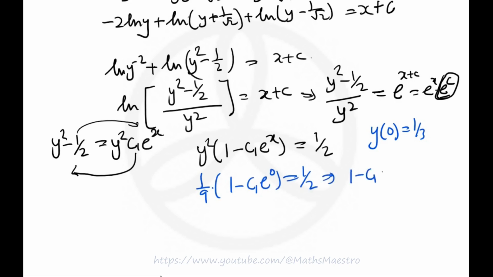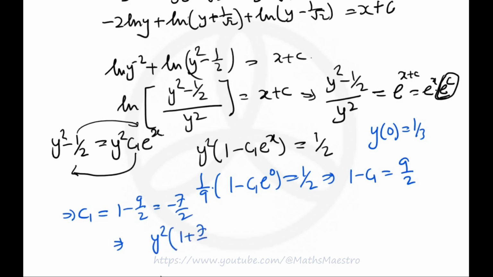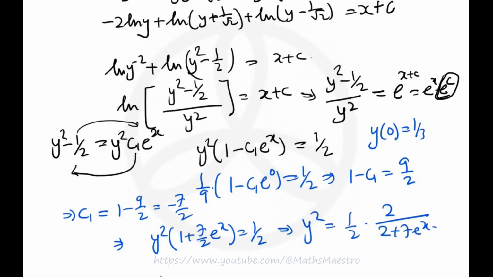1 minus c1 is equal to 9/2, and c1 will be 1 minus 9/2 or minus 7/2. So we have to take this c1 and substitute here, and we get y square is equal to, this minus will become plus because there is a minus, so this will be 1 plus 7/2 e to the power x is equal to half, or half is 2 divided by 2 plus 7 e to the power x.